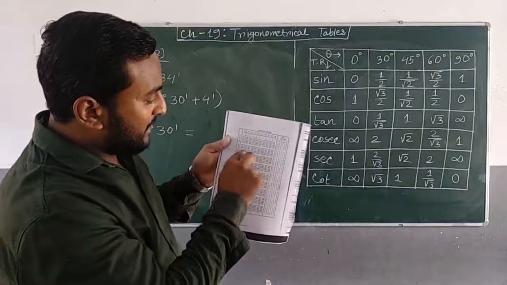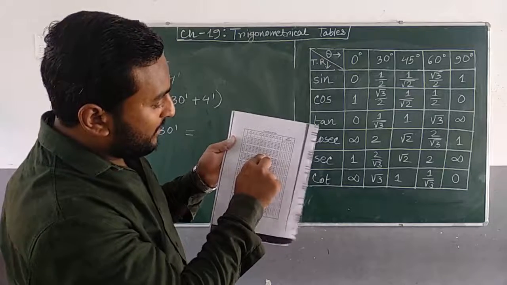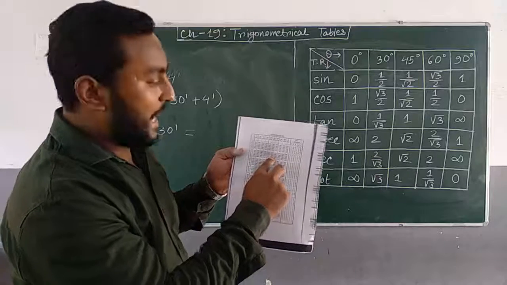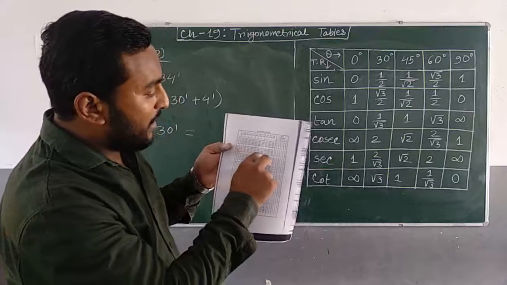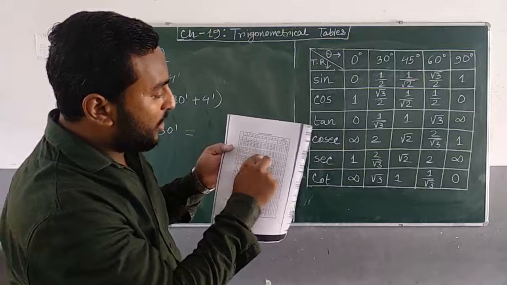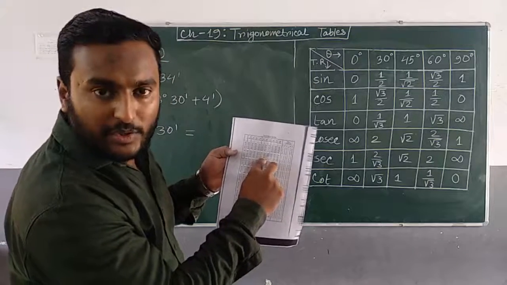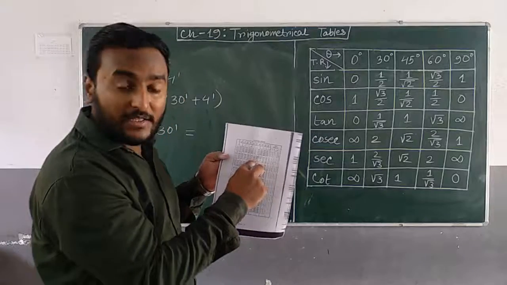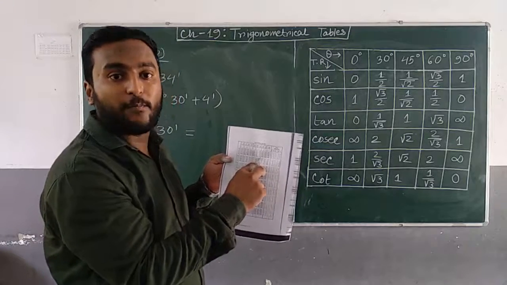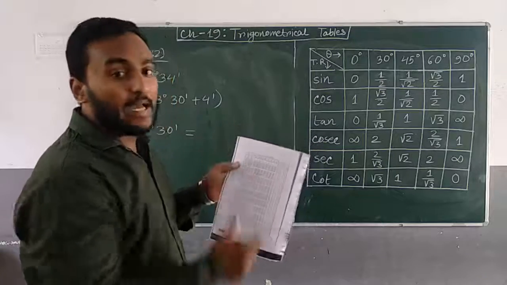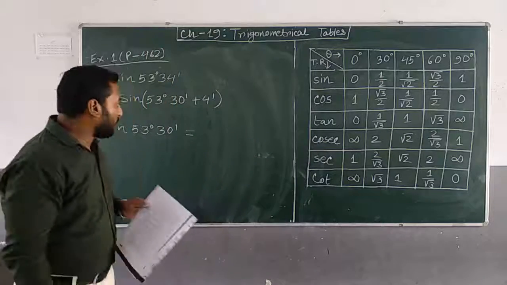So 53 degree 30 minutes, this value is 0.8039. See, the 53 degree row and the 30 minute column coincide at 8039, and I have told you that the point is not written here, but you have to take the point, that is 0.8039. All these values you have to take in the form of 4 decimal places.